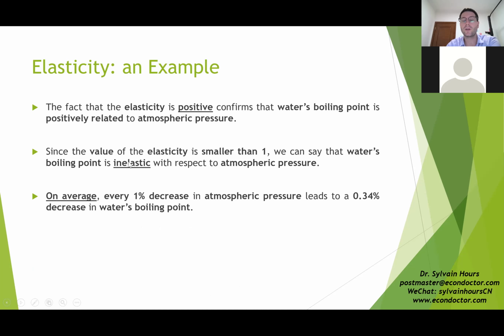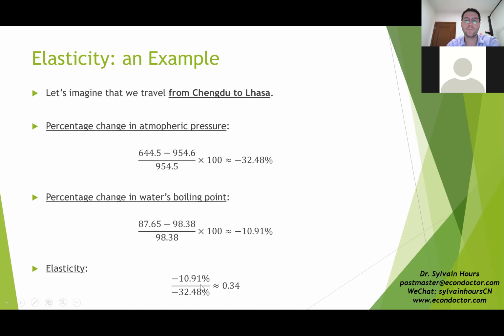And we can even try to make these numbers talk. If the elasticity is equal to 0.34, this means that every 1% of atmospheric pressure that we lose when traveling from Chengdu to Lhasa leads to a 0.34% decrease in the water's boiling point.